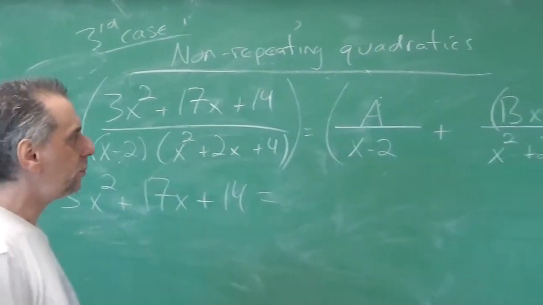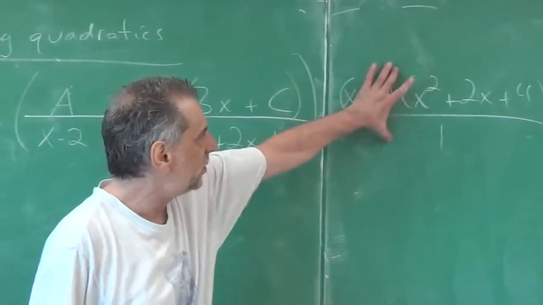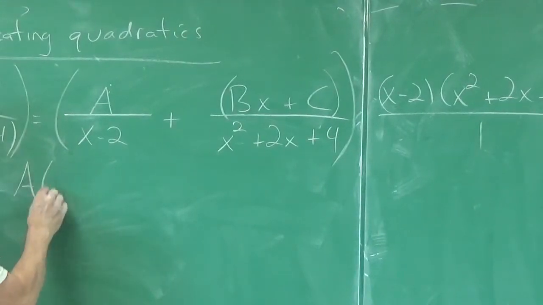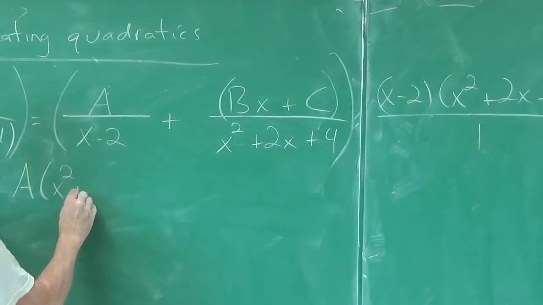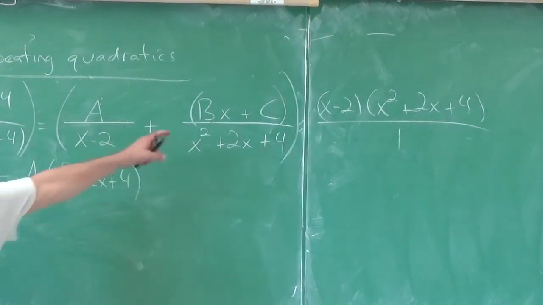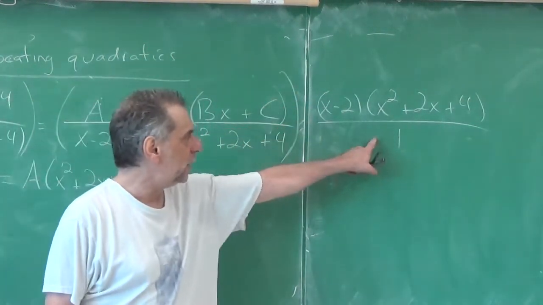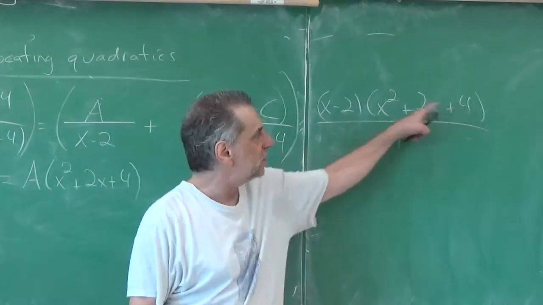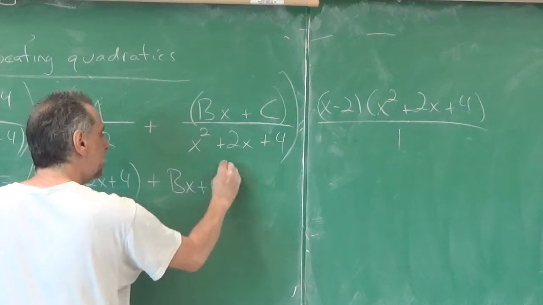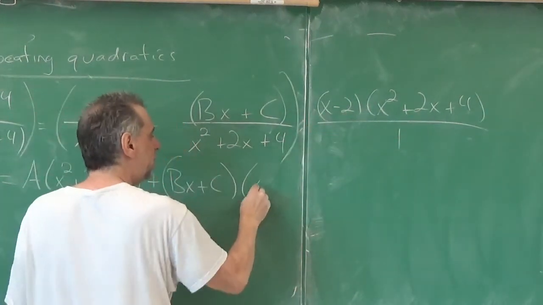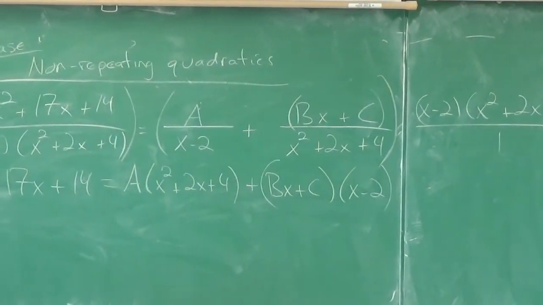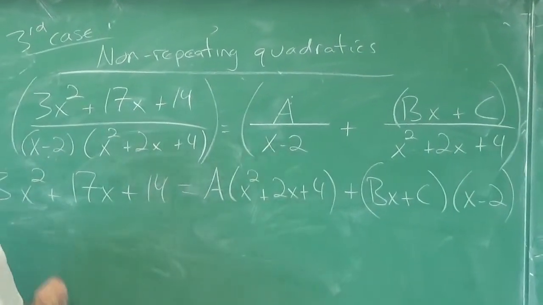Over here, this fraction times this fraction, the x minus 2 factor cancels out, but I'm left with the a times the x squared plus 2x plus 4. And this fraction times this fraction, the quadratic factor cancels out, so I'm left with the bx plus c factor times the x minus 2 factor. Okay, so now again we're back to where we were. We just got to be careful about our steps.